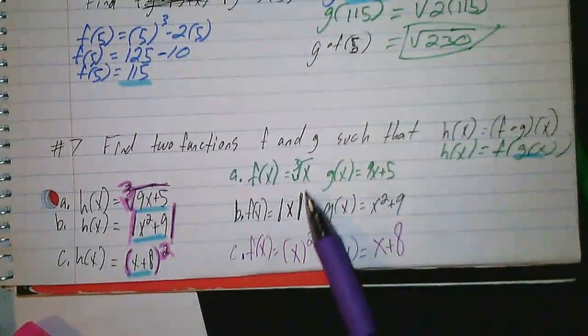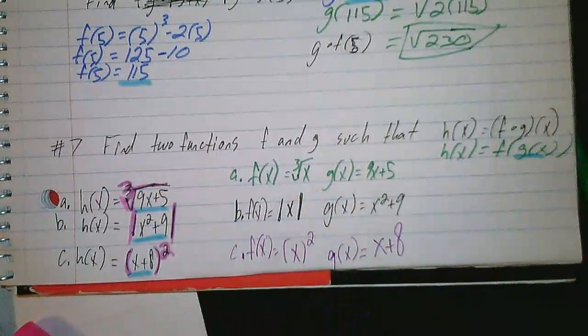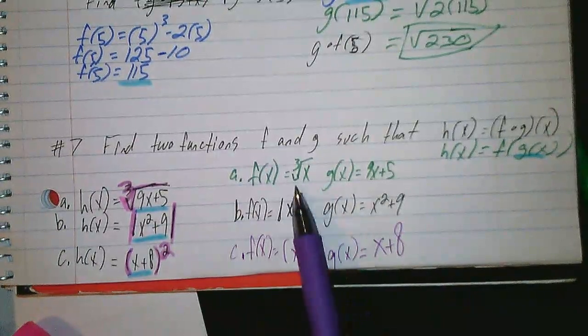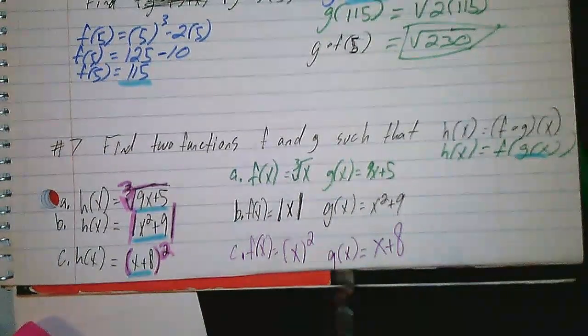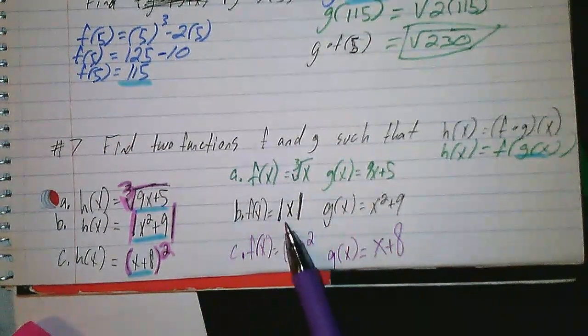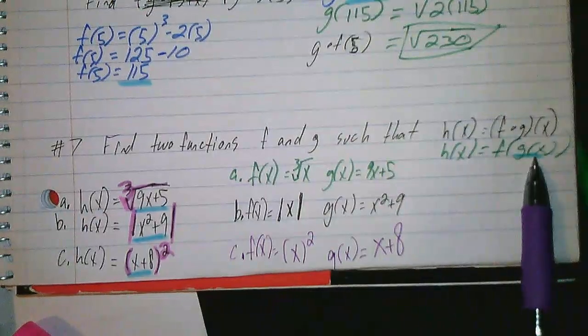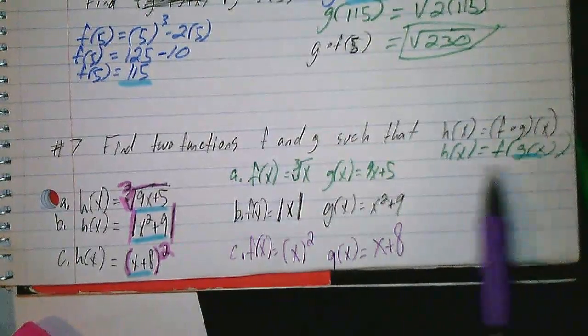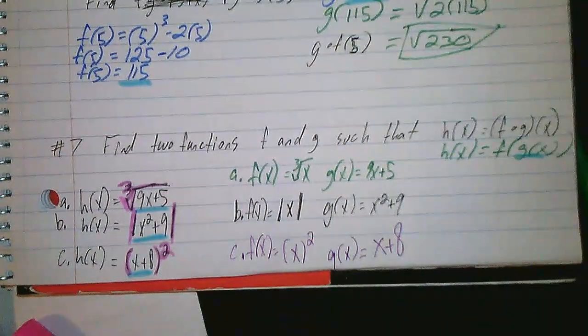So the outside function will always just be an x inside of something, inside of a cube root or a square root, inside of an absolute value, or inside of a squared parenthesis. And then g of x, the inside piece, is the part that is on the inside. So I hope that helps. Let me know if you have any questions.